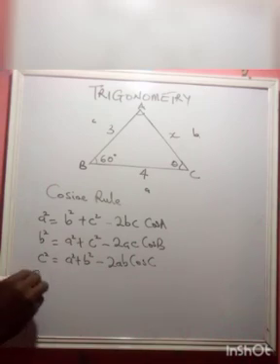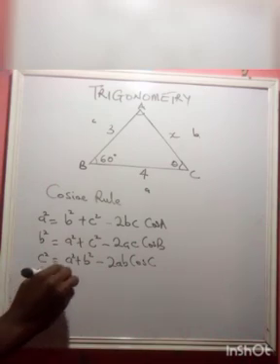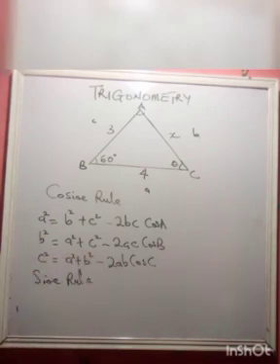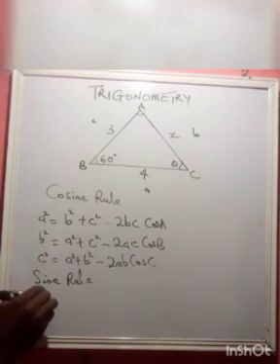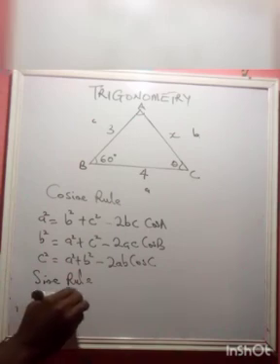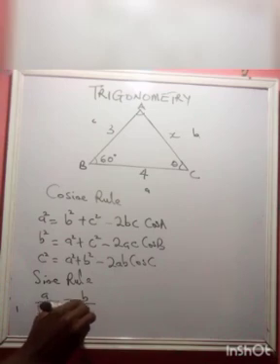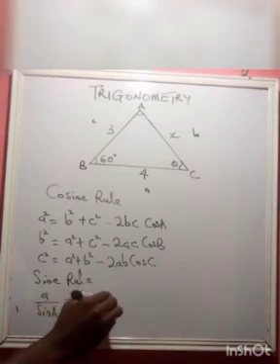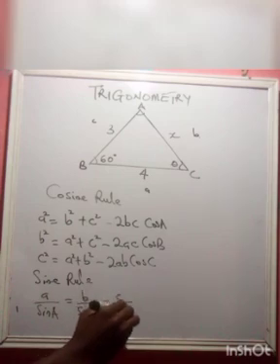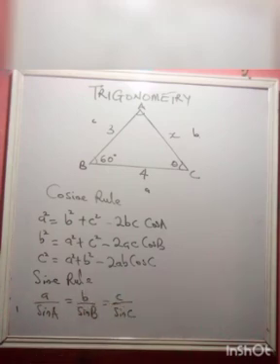Now for the sine rule, we can also use it to get our angles and sides. For the sine rule, we have side A over sine A, that is the angle, is equal to side B over sine B, which is the same thing as side C over sine C. We can write it in any way.